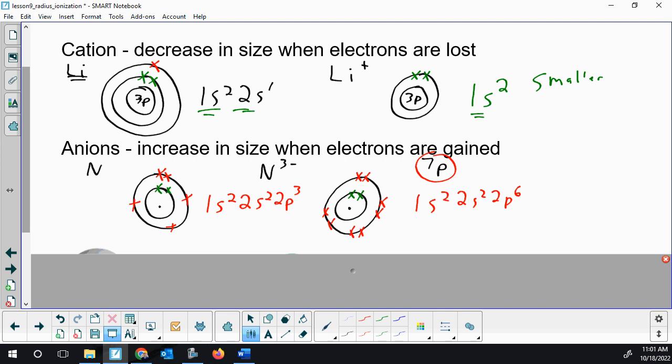They're waves, but they're still in similar space, and they're going to repel and make it bigger. So this is larger because of those extra electrons compared to the atom. So cations shrink because there's 1 less energy level. Anions expand because there's more electrons repelling each other.